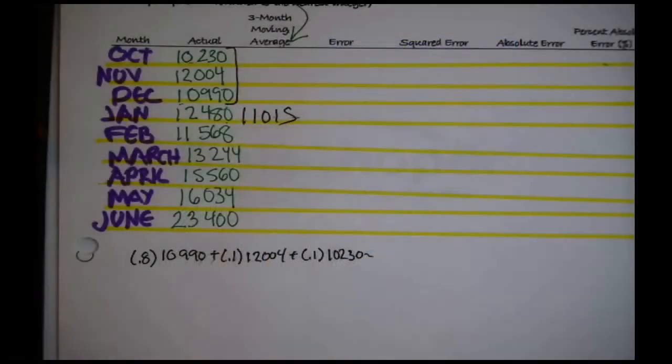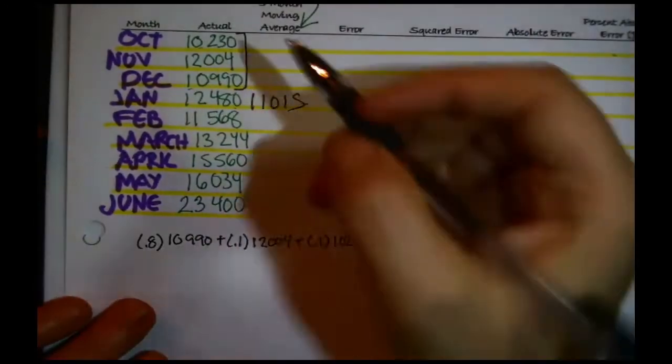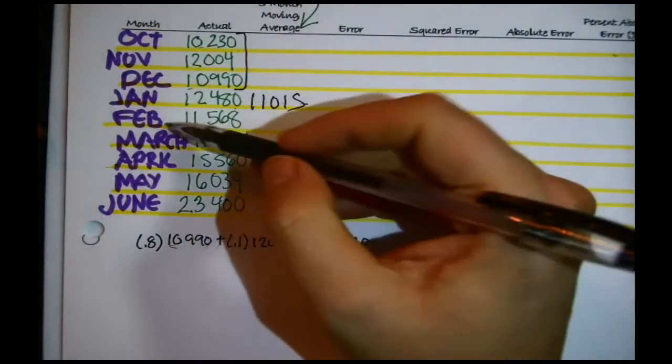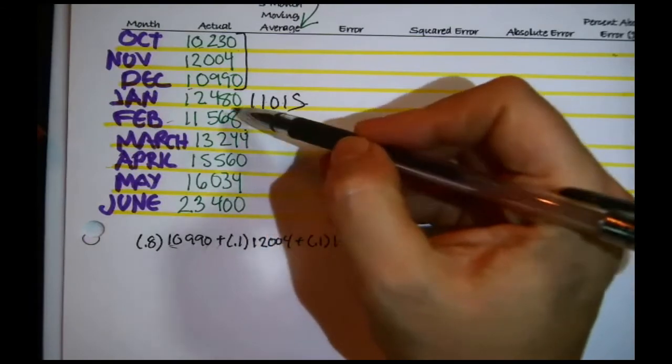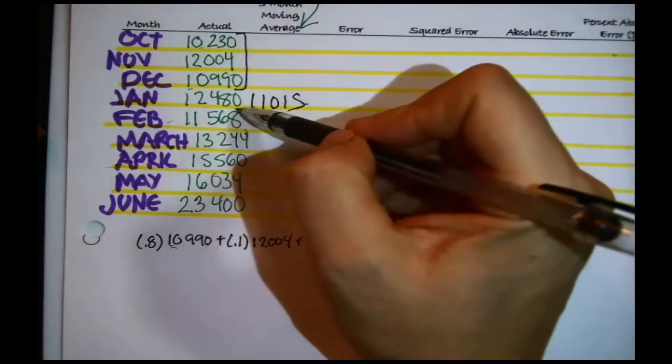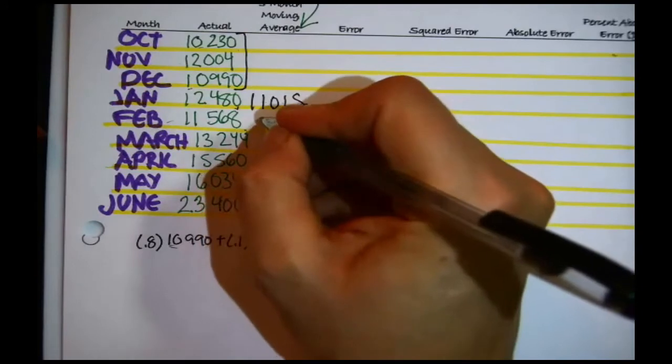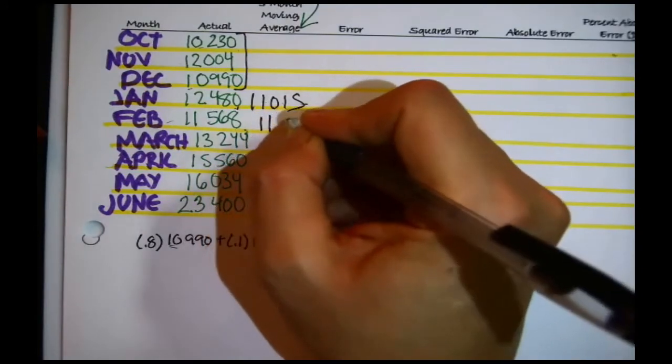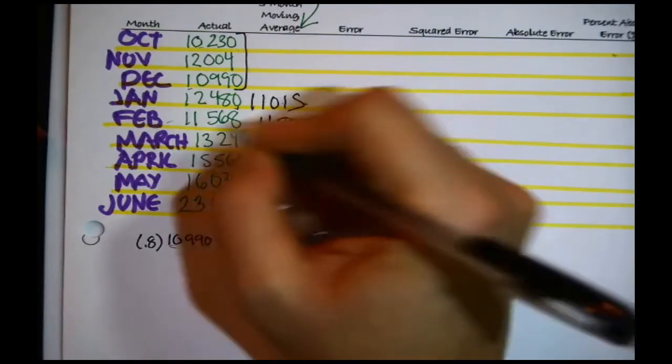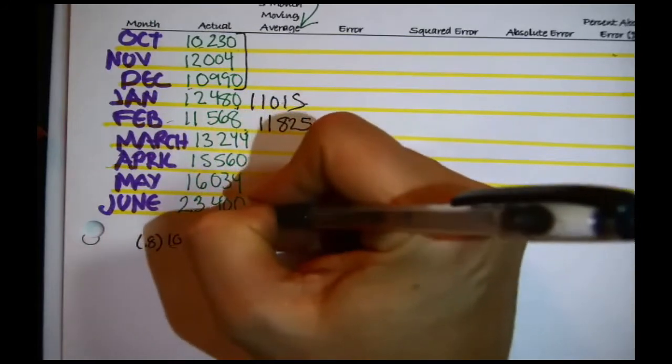Now I need to do this for each one of the months. I'm pretending like we had been using weighted moving averages. If I had used that same template to forecast February by giving January the heavy weight of 0.8, and so forth, I would have gotten a forecast of 11,825. If you'd like to calculate these, you could check your work against mine.